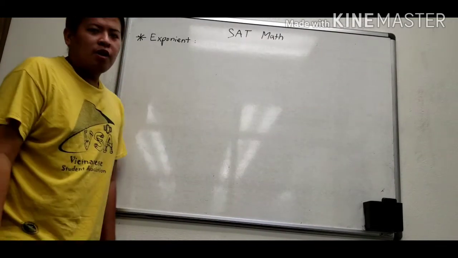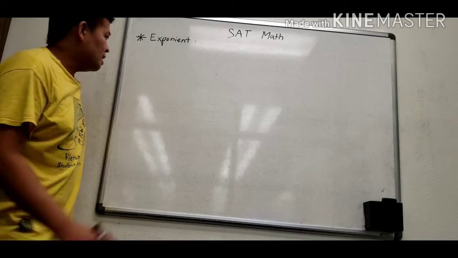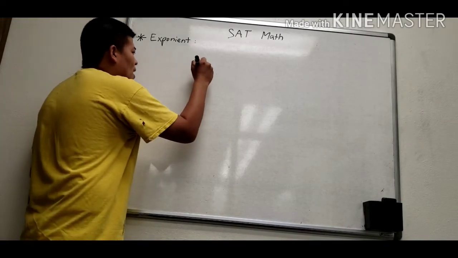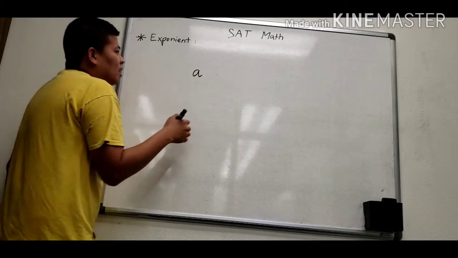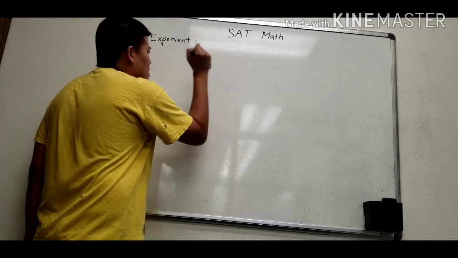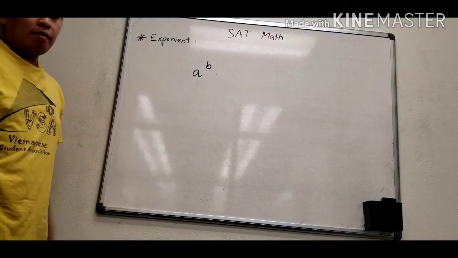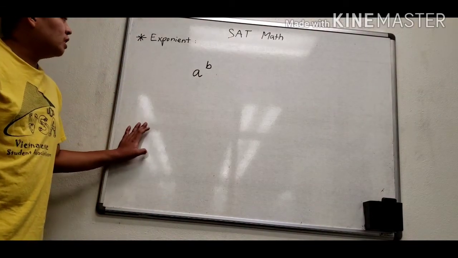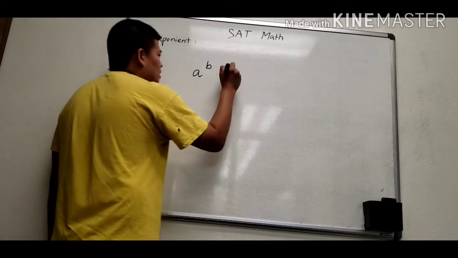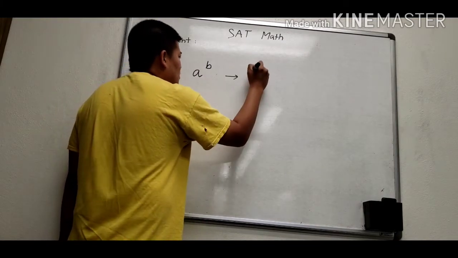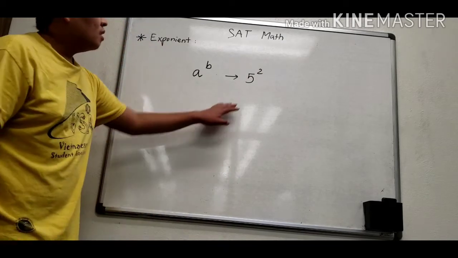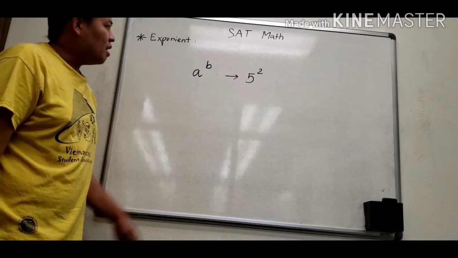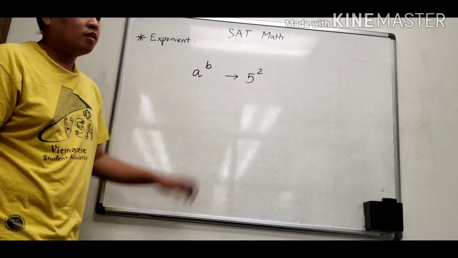The next one I will talk about is the exponent. It means that we have a as a variable and we have the power b here. This is the basic of the exponent, and we can have something like 5 to the power of 2. So this is the exponent.